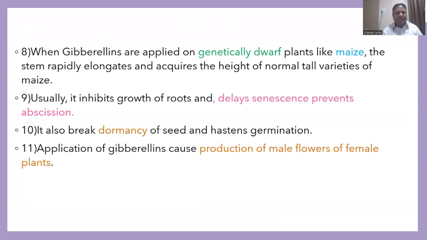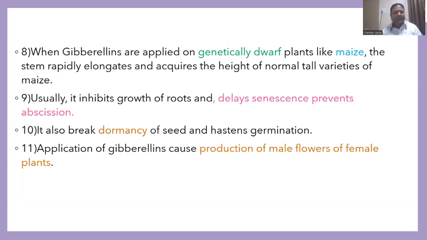Usually, it inhibits growth of roots and delays senescence. Senescence means aging, as well as it prevents the abscission, the separation layer does not immediately form at the base of the leaf, at the petiole region. There is no development of separation layer. So gibberellin inhibits root growth and delays senescence, and prevents abscission also.